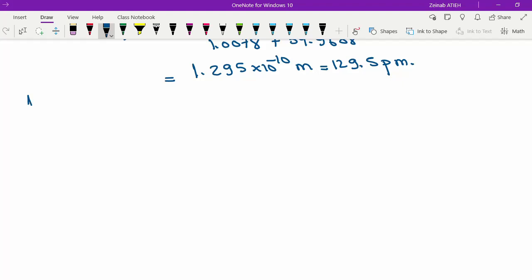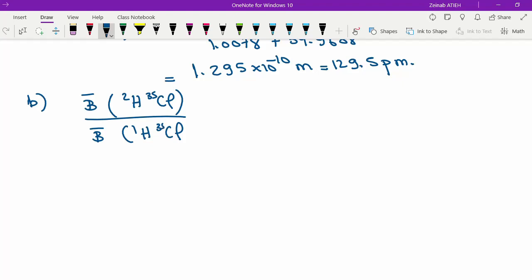This is part B. I'm going to find the ratio of B bar for H2Cl35 to B bar for H1Cl35.